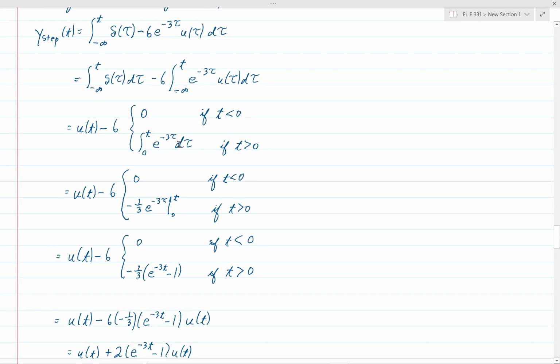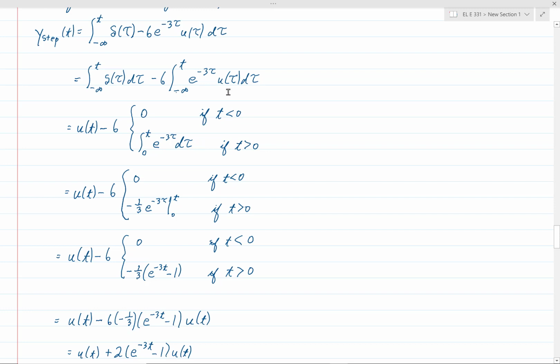Because remember, in this second case, we're considering the case t is greater than 0. And one last thing, notice that not only can we change that lower limit on the integral, but we can do one more thing. If we're only integrating over the positive values of tau, well, we know that when tau is a positive number, what is u of tau?